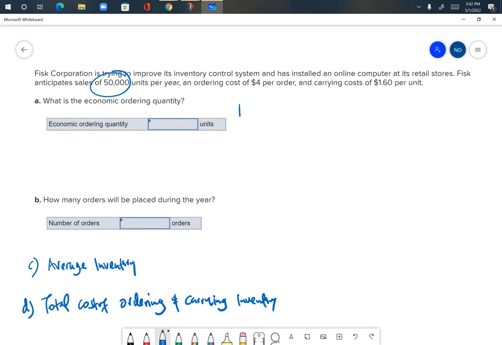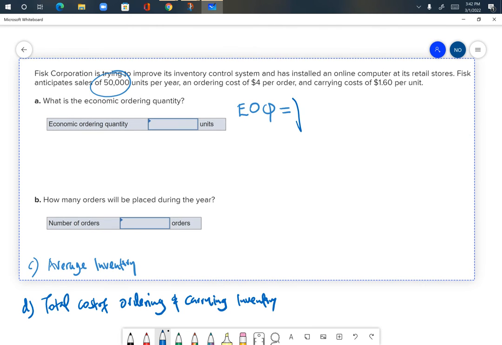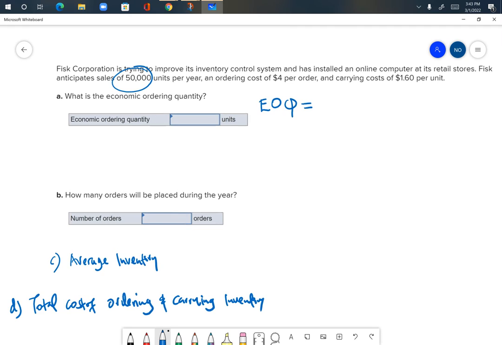Now, by formula, we know that the EOQ is equal to the square root of 2 times sales units times O, which is the ordering cost, and you divide this by C, and C is the carrying cost.